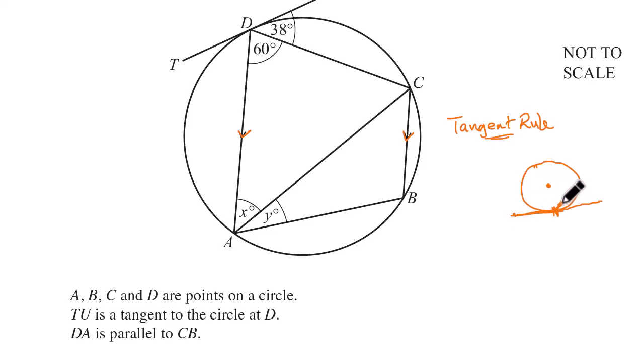If you have a chord emanating from that point, any triangle formed on that base, on this chord like this, the angle the chord makes with the tangent here is exactly the same as the angle here. So if this place is theta, for instance, then here will also be theta.